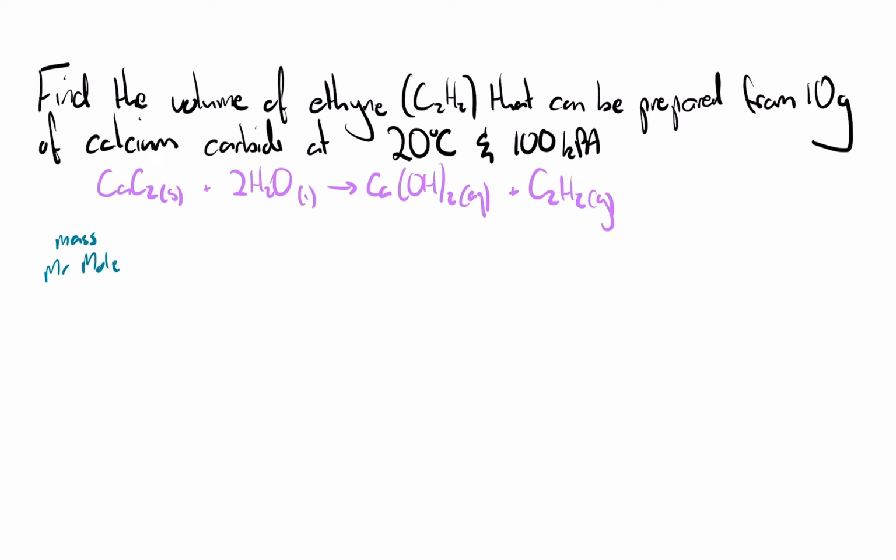So we've got CaC2 and we have C2H2, mass, Mr, mole. We've already got our balanced equation. We've got our ratios in there, 1 to 1. So mass, we've got 10.